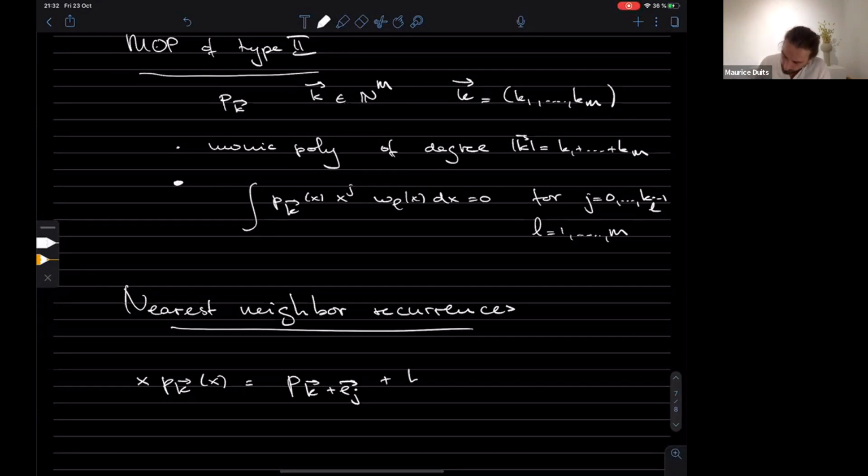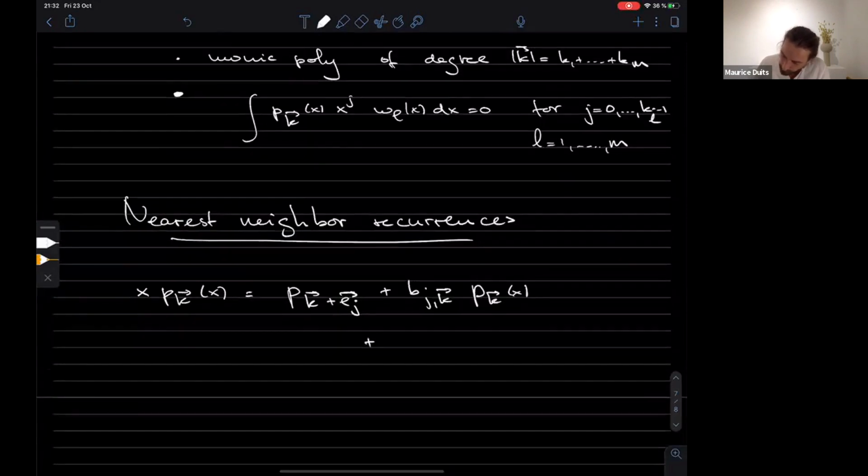Okay, but you can show them that you can do this. This is fine. Then I can multiply this with p_k(x), and actually I can express this as this sum.